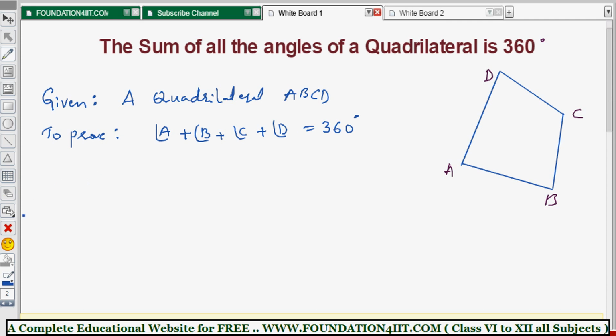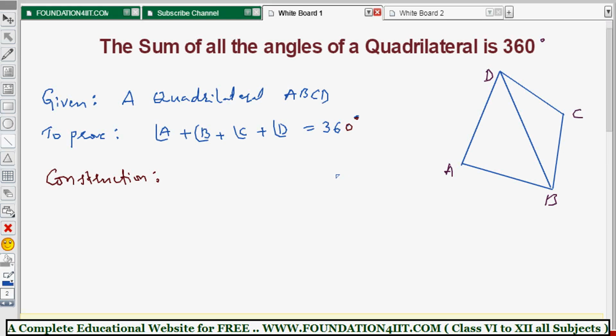And we need to do some small construction here to prove the theorem. So construction: we need to draw a diagonal, so take a line. I am joining the vertices B and D. Then there are two triangles, because the theorem concept is from triangles.